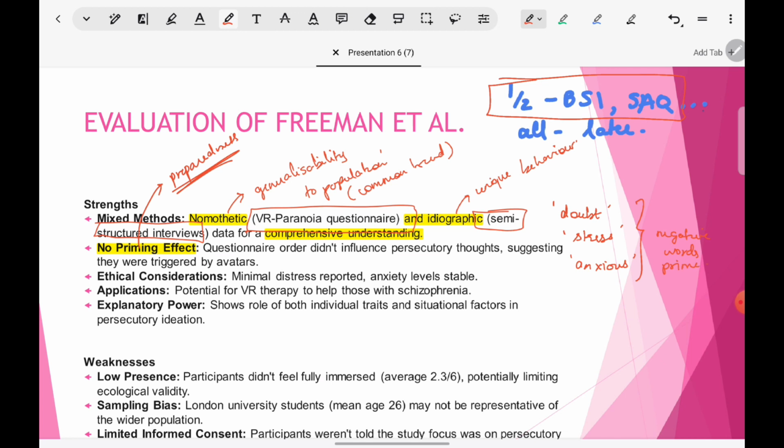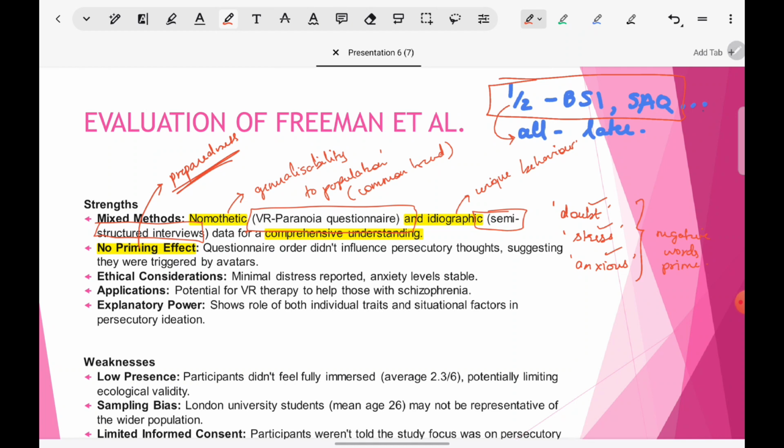So it should not be the case that because of reading such words, participants are saying that they felt the avatars were negative. So what researchers did, they compared the data obtained from those half of participants who answered before to all of the data by all participants when they answered later.